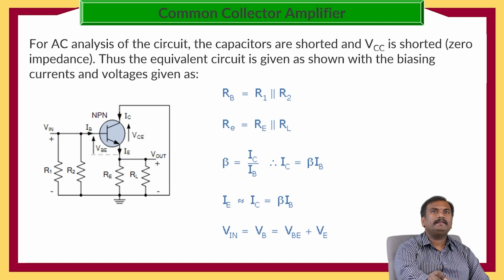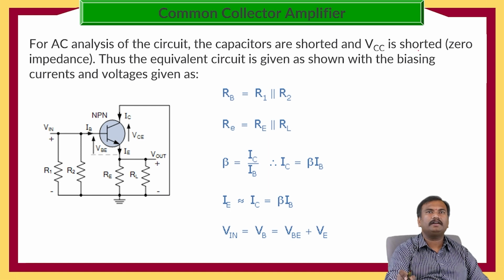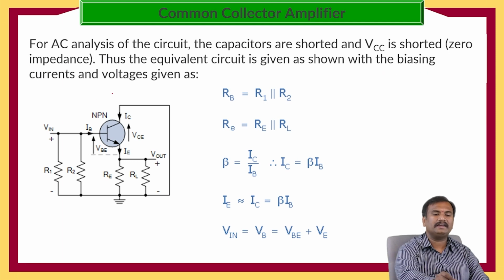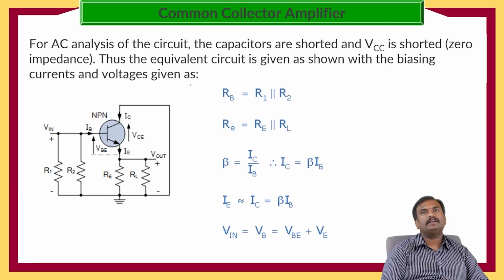And for AC analysis of the circuit, the capacitors are shorted and VCC is shorted. Thus the equivalent circuit is given as shown with the biasing currents and voltages as given.